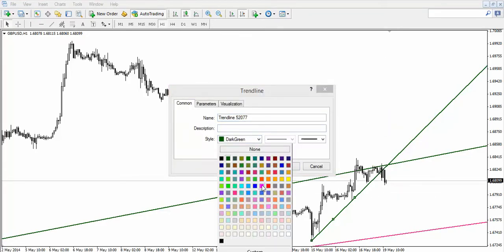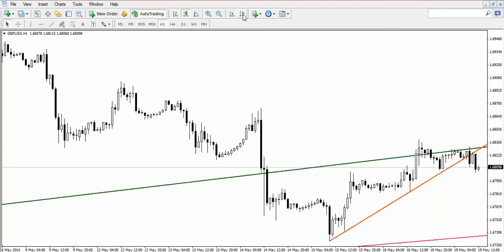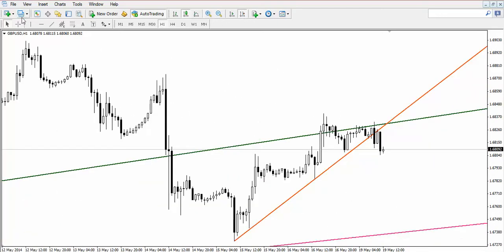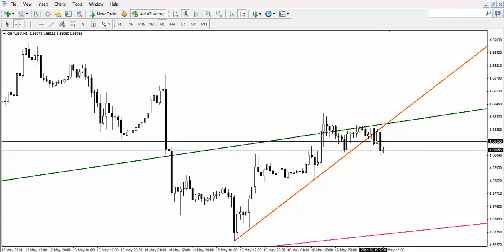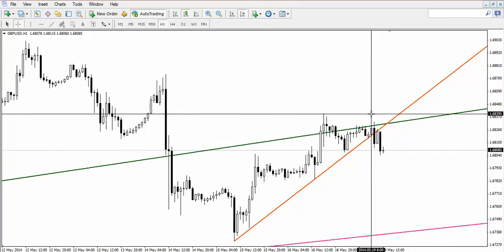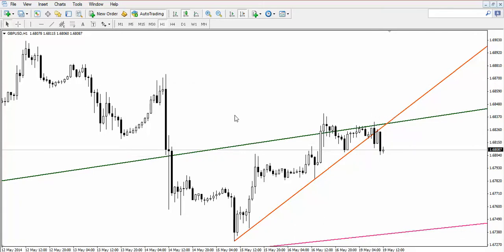And I actually took a short this morning on this candle here. So I shorted roughly 168.16. My stop loss took me to 168.4, which is about 27 pips.